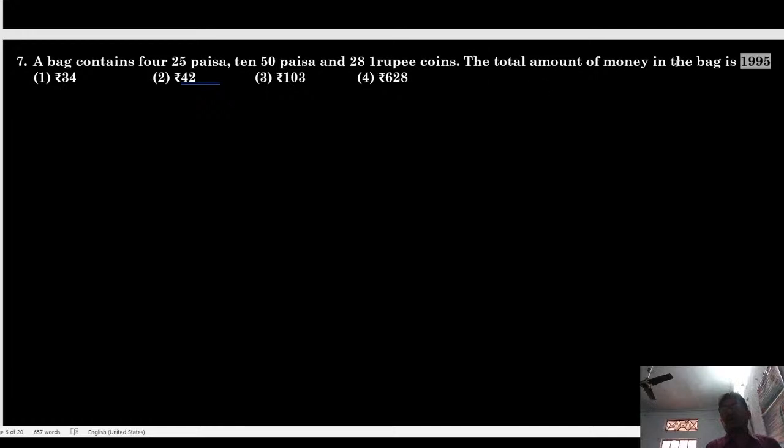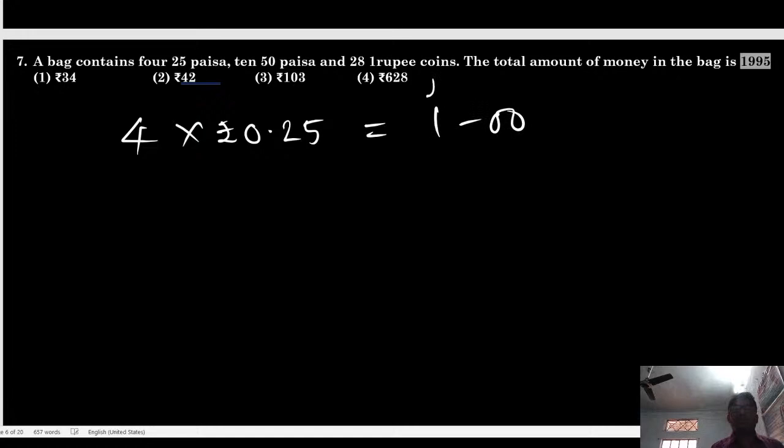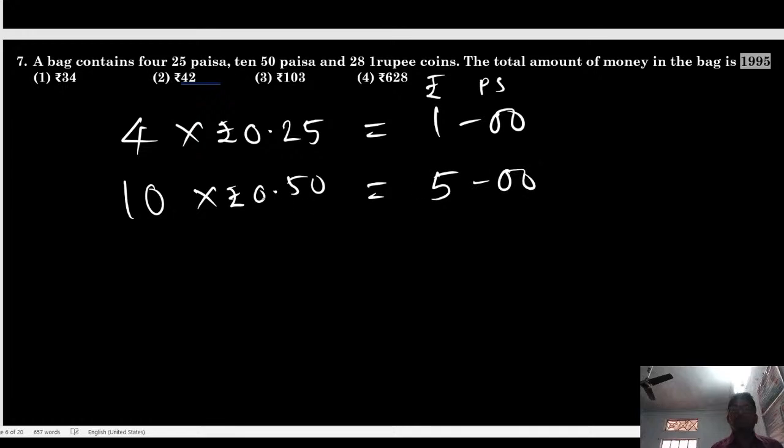The total amount of money in the bag is the same as that question. 4 twenty-five paise coins are 1 rupee. 10 fifty-paise coins are 5 rupees. 28 one-rupee coins are 28 rupees.